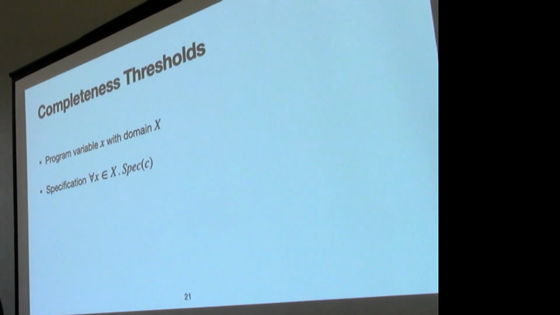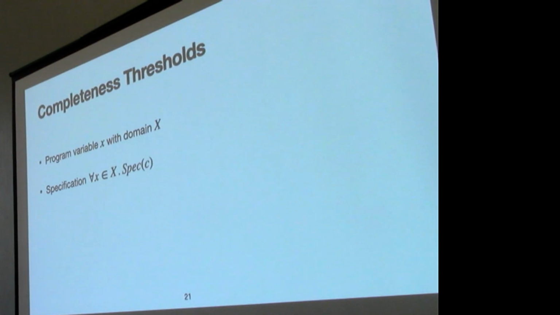And in our setting, a completeness threshold is a bit different than in the traditional setting of finite systems. Because we are looking at programs and program specifications, and we are looking for a completeness threshold of some variable x that comes with a domain capital X. And the specification then usually has the form for all x in this domain, some formula spec holds.